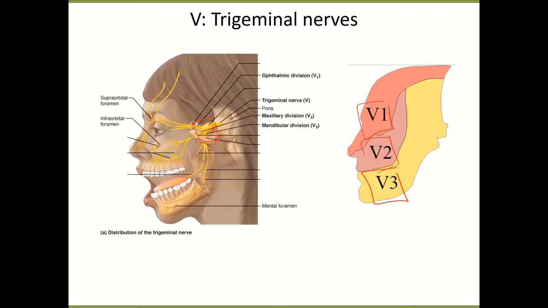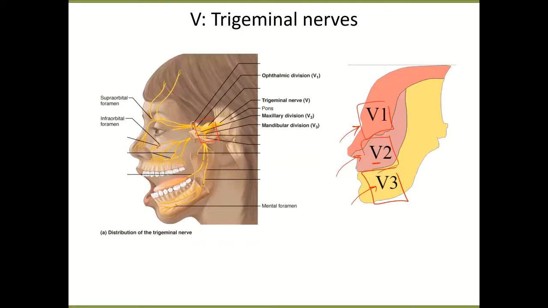And there's an interesting story behind this. The trigeminal nerve is number 5, right? And so somebody got smart and said, oh, let's call it 5 branch 1, 5 branch 2, V for 5, 5 branch 3. And along the way, people just stopped calling it 5 branch 1. They just started calling it V1, V2, and V3. So there you go. You don't have to know the names of each of these branches.